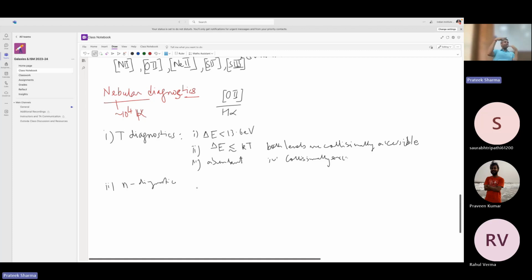If they are almost at the same energy, the Boltzmann factor does not penalize one relative to the other. So closely spaced in energy.